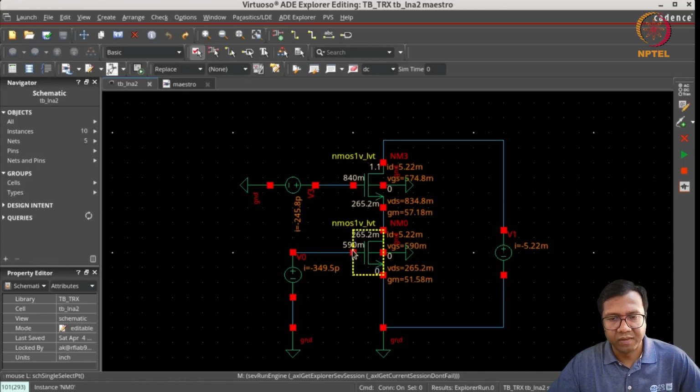The next step is to add an inductive element at the source of the input element so as to cause inductive regeneration, and this inductive regeneration will result in a real part in the input impedance.